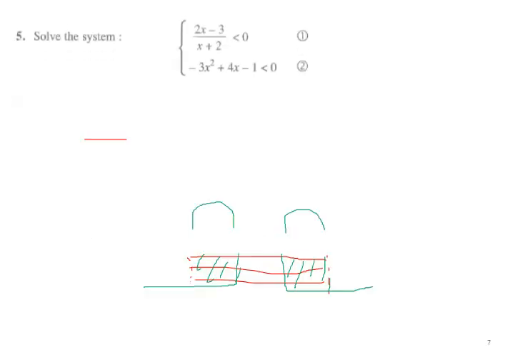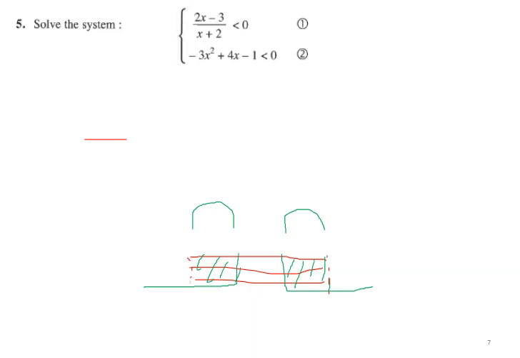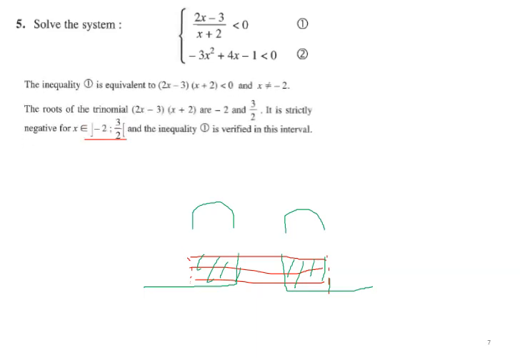And now, what if we have a system of two inequations? How do I solve this? As you see, I numbered them 1 and 2. So I'm going to do each one alone. I'm going to start with number 1. We're going to solve the first one. As you always know, you have to take the condition x is different than minus 2. And the roots are minus 2 and 3 over 2.